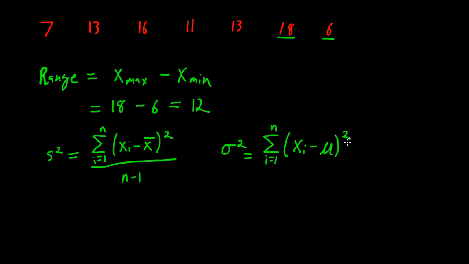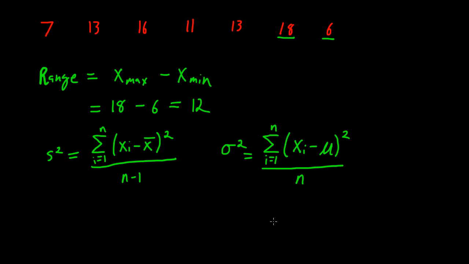And we're going to square that value and divide by n, which is our total number of data points in our population. So there's a slight change here: we have n minus 1 for our sample and n for our population.